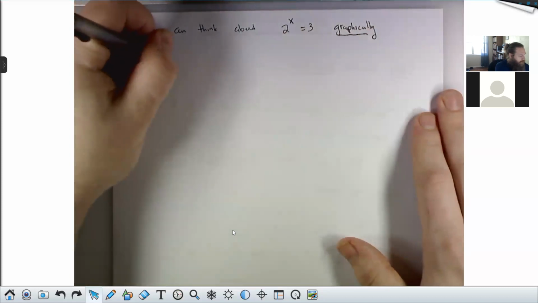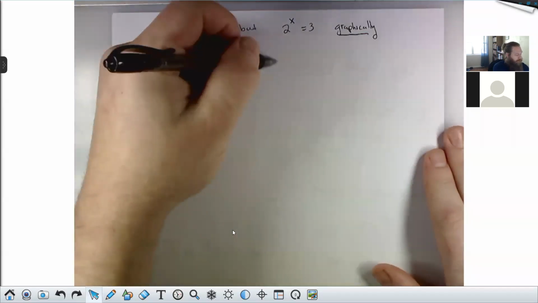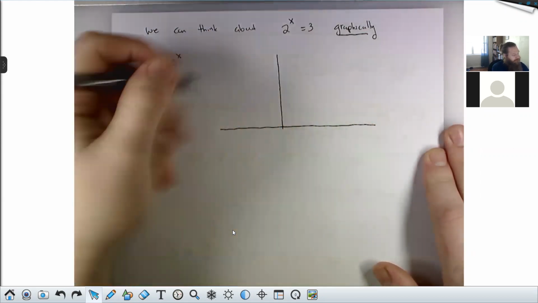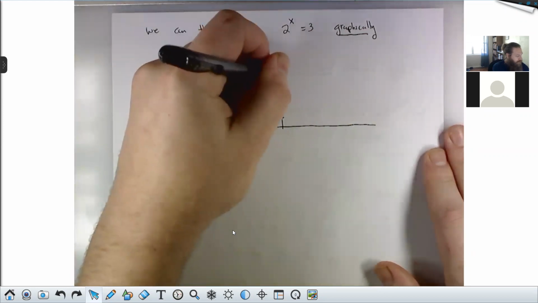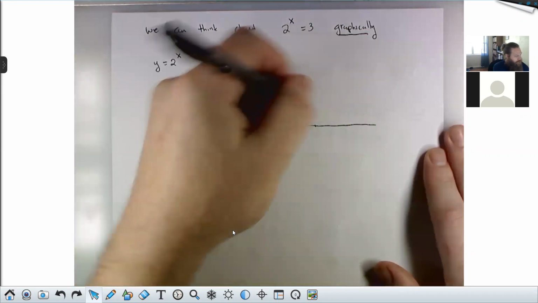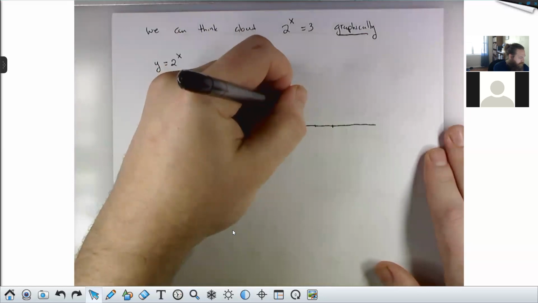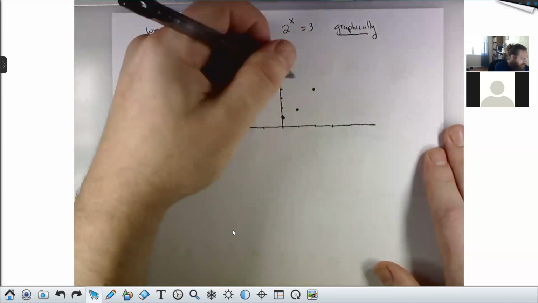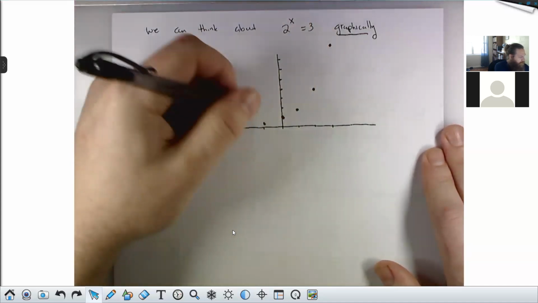Let me consider the two curves, y equals 2 to the x and y equals 3. 2 to the x is a growing exponential. We've looked at that graph before. It was one of the first ones we looked at. It's got to be all the way up here at like 8, which is pretty much off my chart.